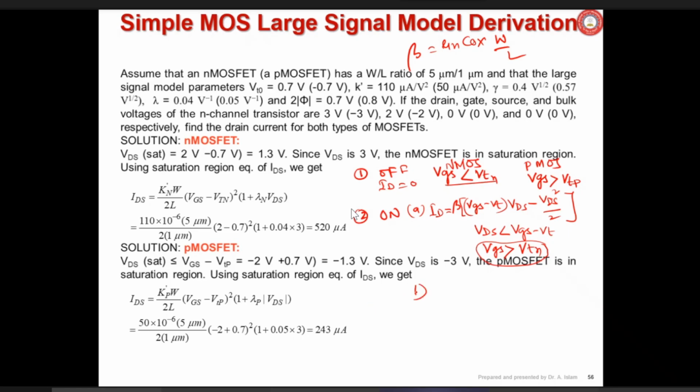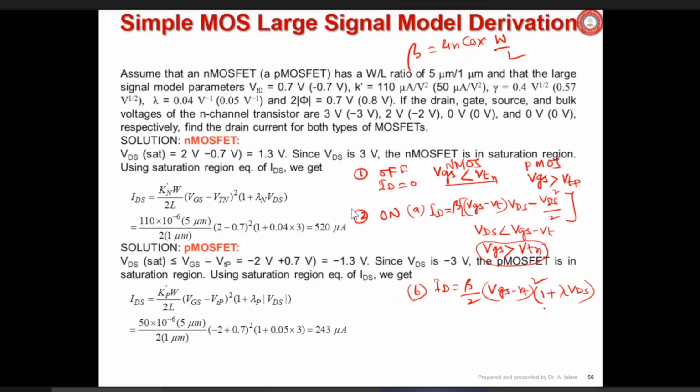The other equation is ID equals beta by 2 (VGS minus VT) whole square, and if you take CLM into consideration, you add another term, 1 plus lambda VDS.